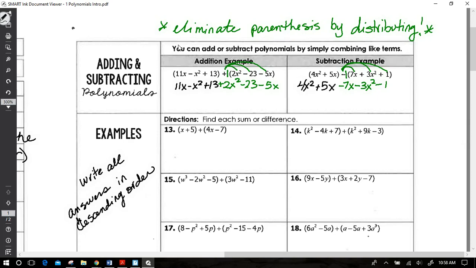Okay. So the biggest difference between addition and subtraction: when you distribute the positive 1, it does not change the values of the numbers that are inside the parenthesis. But when you distribute a negative 1, it does change the value. Negative 1 changes the value of everything inside the parenthesis.